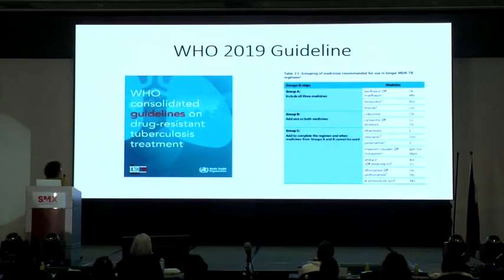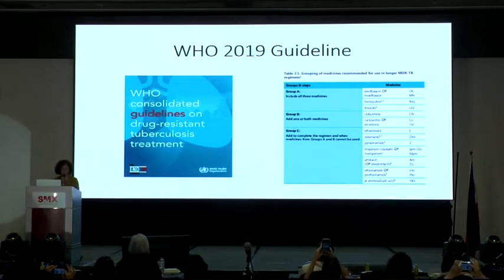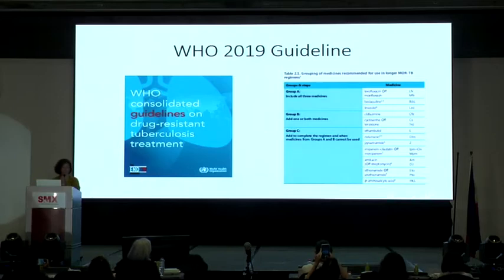They changed the groupings again of the second line drugs. As you see, there was a change almost every year. Now they're reviewing another guideline change, so there's talk of a guideline change by the 2020 publication.